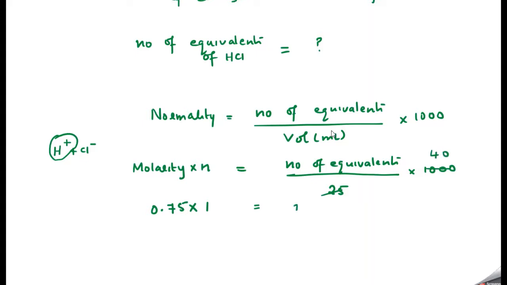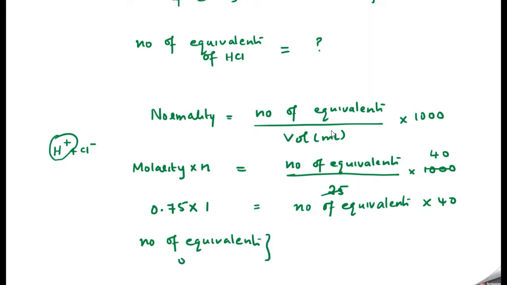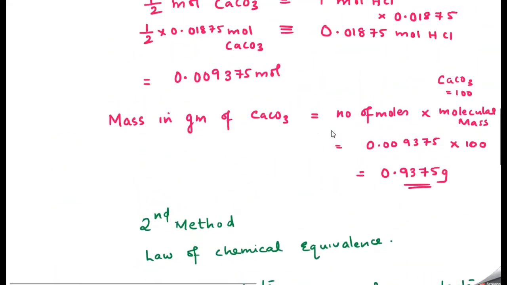So I can say number of equivalents into 40. So from this I can calculate number of equivalents of HCl. So number of equivalents of HCl is equal to how much? 0.75 divided by 40. Okay, I hope you remember this value. The same value is coming here in another way, correct?